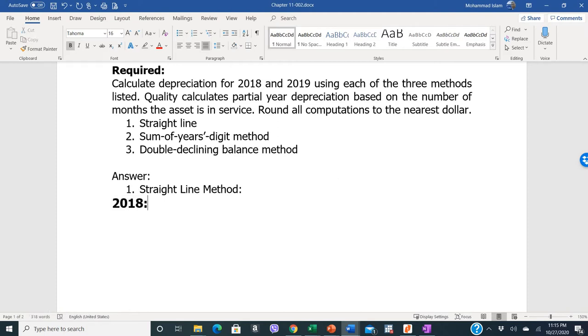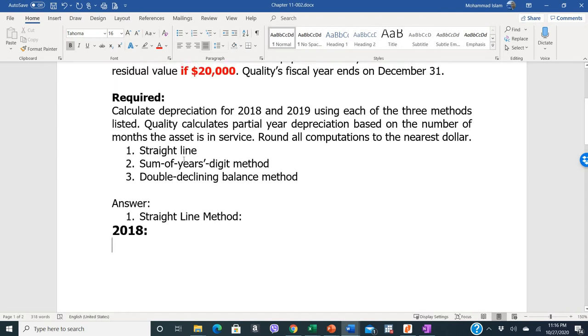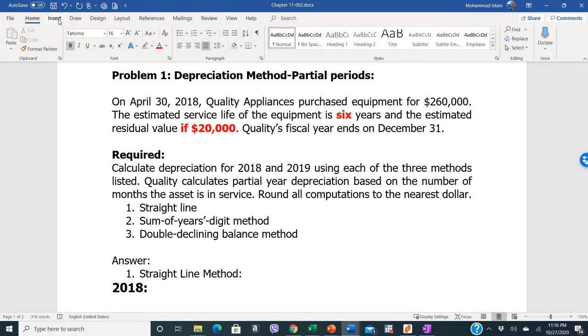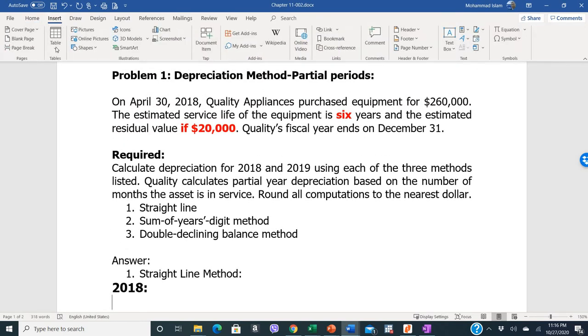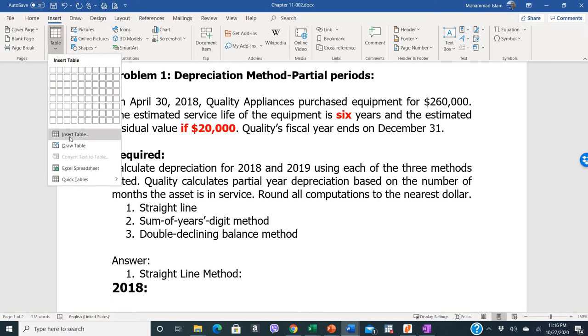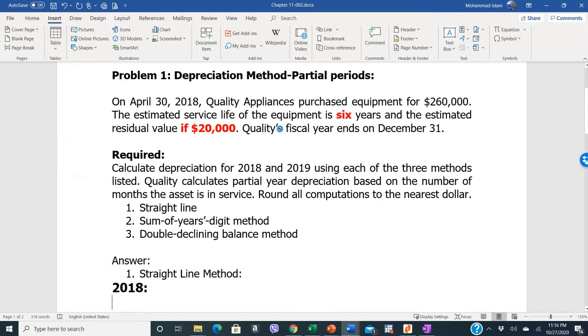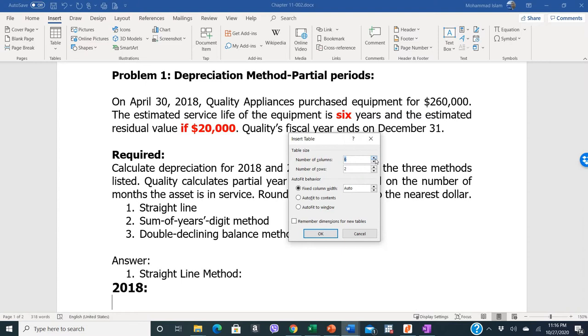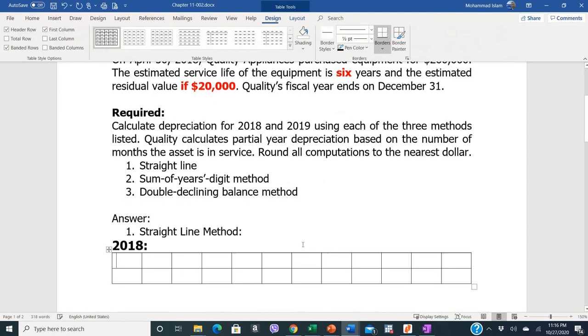Let me show you how to calculate that. First, let's take a number line. We know a year has 12 months, so let's take 12 columns this way.